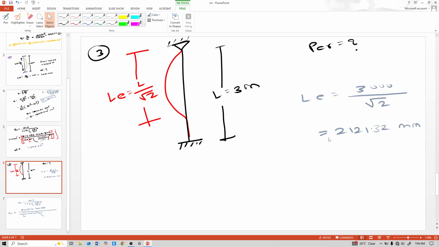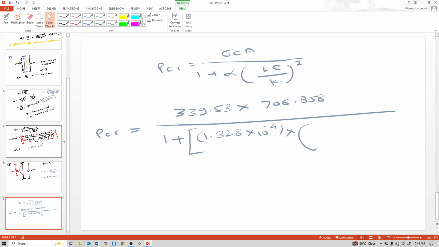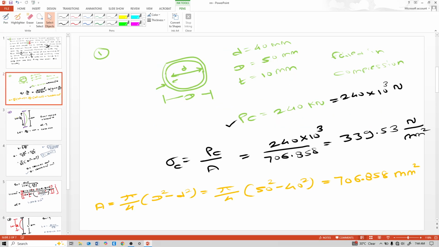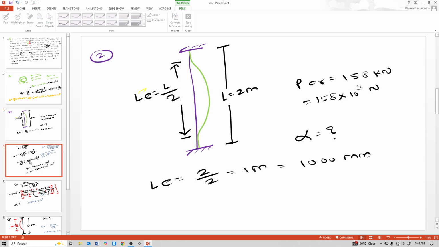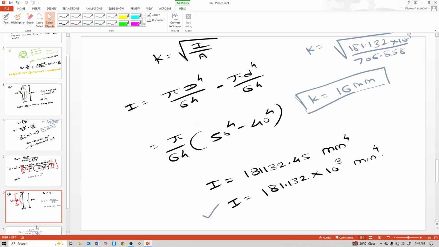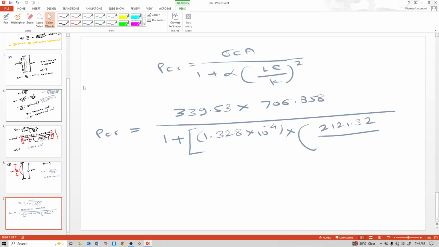Now LE is different, LE is 2121.32, and K is the same because the material and shape are the same, K is 16 mm, and square of that.